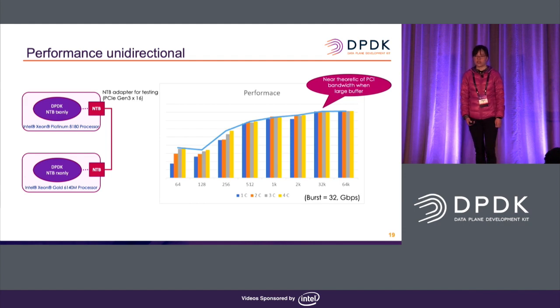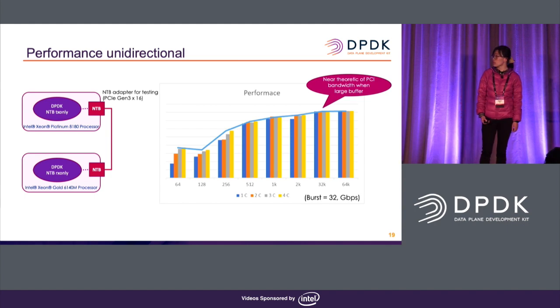One server is just for sending, another server is just for receiving. We can see that when the buffer size is increasing, it gets very near to the PCI bandwidth. And when the buffer increases to maybe 256 bytes, one core is almost enough for the data move.